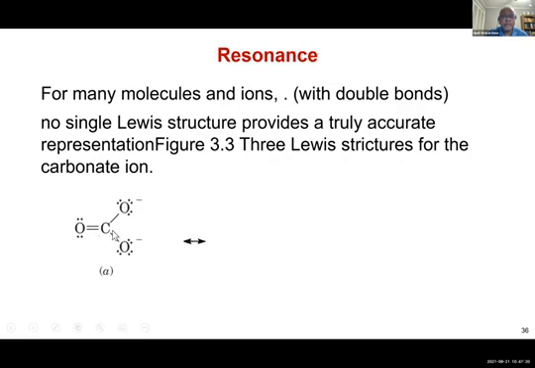When this happens, in the real molecule, the carbon-oxygen distances are shorter than single bonds, but none of the carbon-oxygen bonds are double bonds. They average out. So it's like a resonance. It fluctuates between these 3 positions.